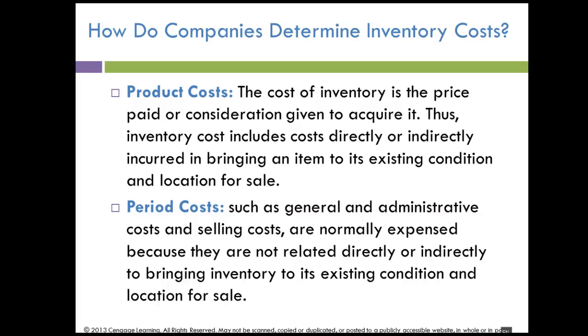Selling costs, it's important to note, are also a part of period cost. Period costs get expensed because really that is just the normal course of operations. They do not directly or indirectly deal with inventory and get it ready for sale. Product costs are going to be put on the balance sheet as a current asset until they are sold.